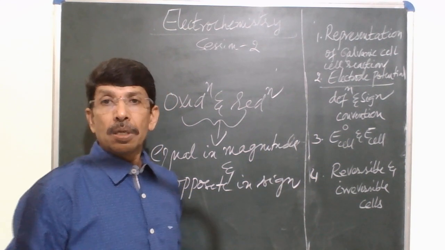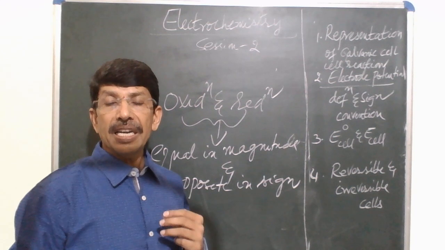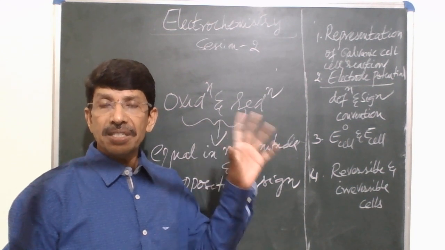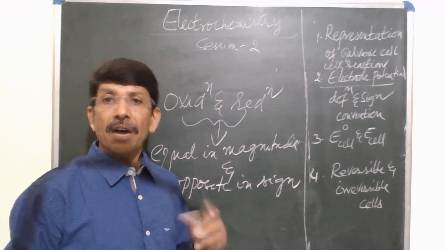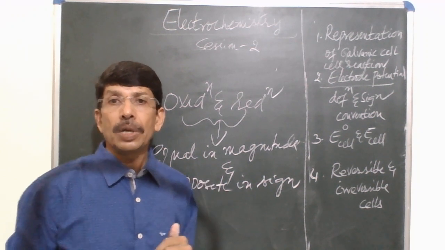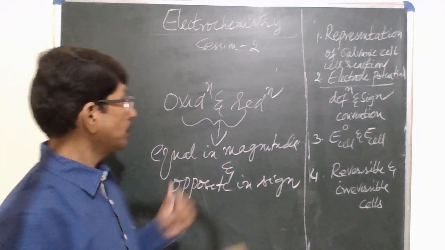I repeat, all reversible electrodes possess oxidation and reduction potentials. Under a given set of conditions, the oxidation and reduction potentials of a reversible electrode are equal in magnitude and opposite in sign.